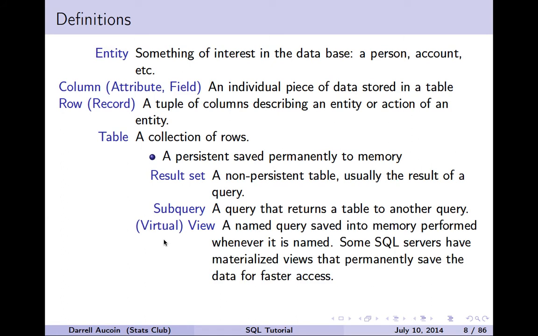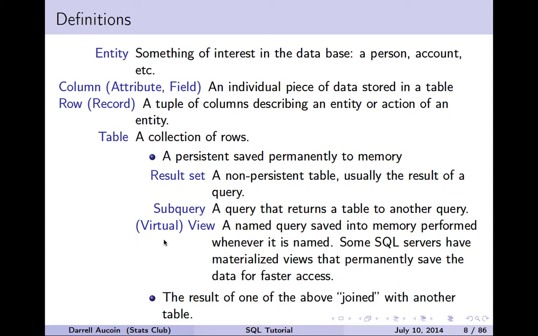There are also virtual views, which are basically like a subquery, but it actually has a namespace, so it can be used like any other table. Wherever you can use a named table, recorded in that cheat sheet, you could use any of these.